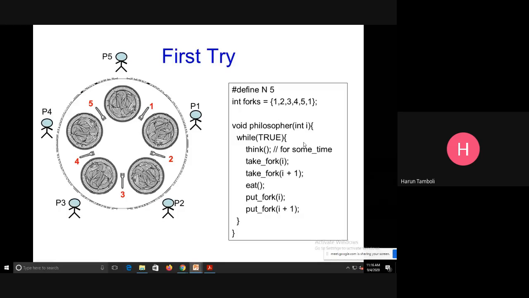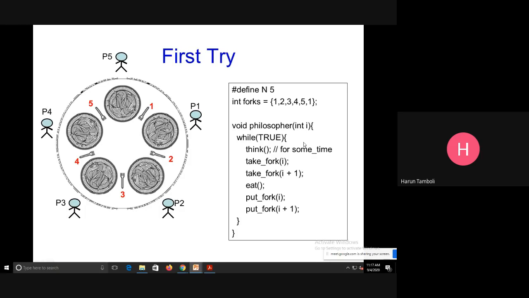Then the second take fork takes the second chopstick, and after occupying both forks, he performs the eat operation. After eating, he puts down chopstick I as well as I plus 1.